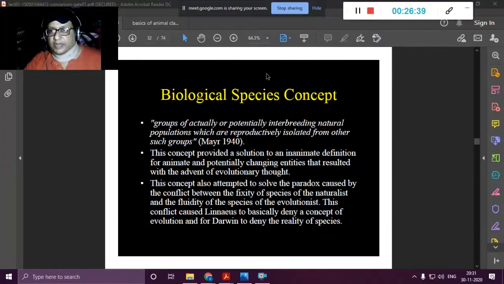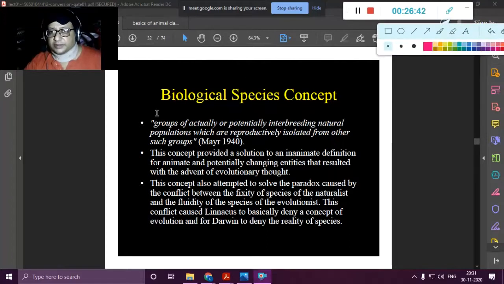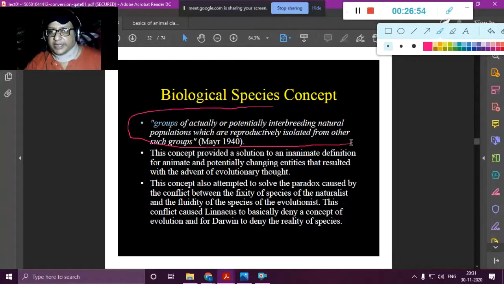According to the biological species concept, groups of actually or potentially interbreeding natural populations which are reproductively isolated from each other are biological species. They don't mate with each other. So this is one of the best definitions of how to define a species.